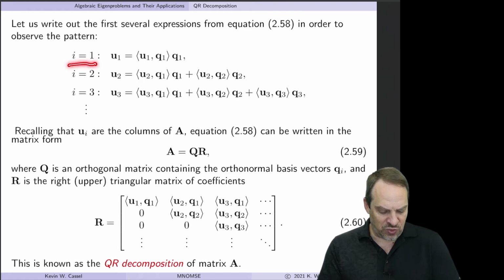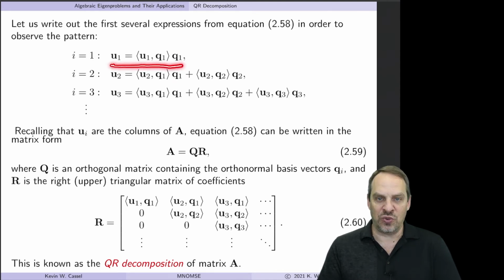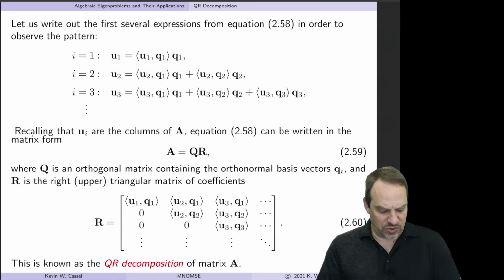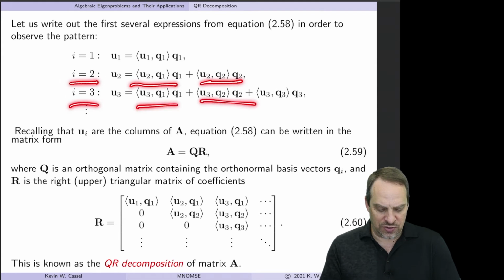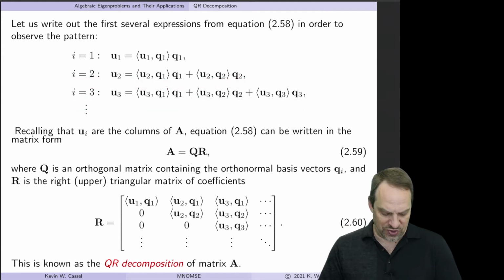If i is equal to 1, there's only one term in the sum, so that gives us that u1 is the inner product of u1 with q1 times q1. Just one term. When i is equal to 2, there are 2 terms. When i is equal to 3, there are 3 terms, and so on and so forth.